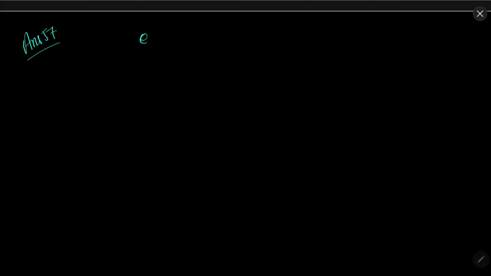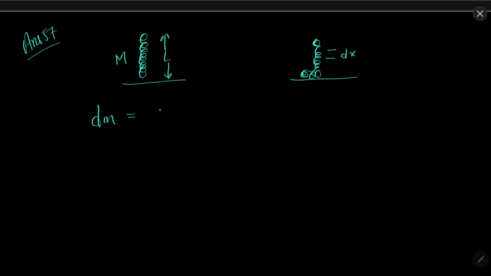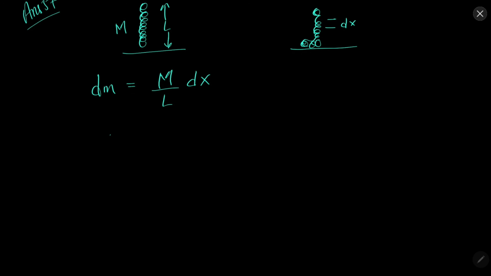So let the length be L and mass be m, and let's take only small length dx and calculate for this. So the mass for small region dx will be mass per unit length into dx. V equal to root 2gx.